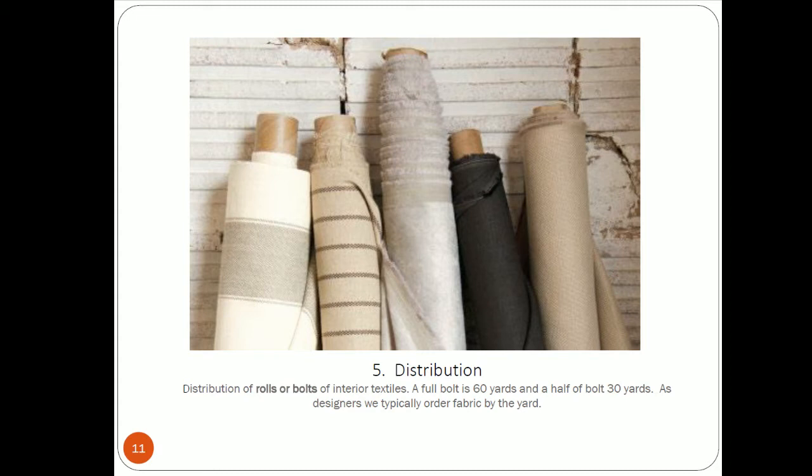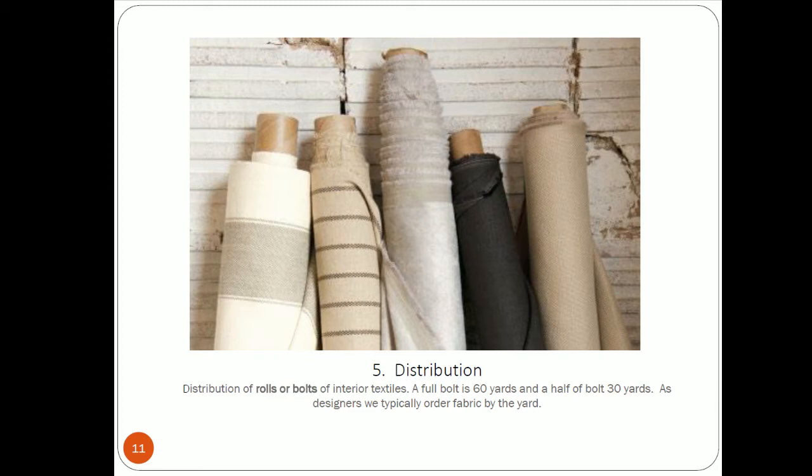You can also purchase, as an interior designer, by the bolt or by the half bolt. And basically a bolt is just a really big roll. A full bolt will have 60 yards on it, and a half bolt will have 30 yards wrapped around it.